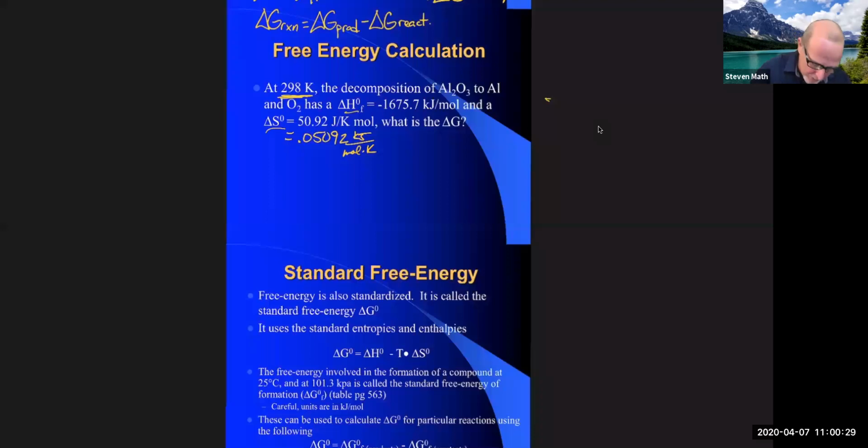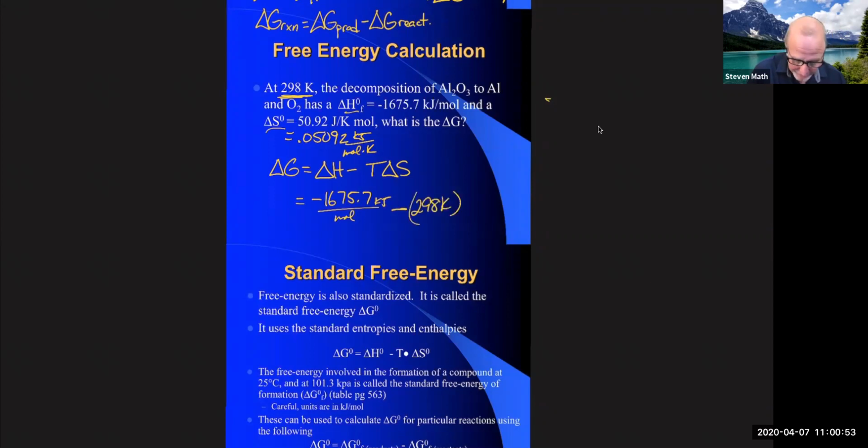Now we can do delta G is equal to delta H minus T delta S. H is negative 1675.7 kilojoules per mole, minus T, 298 Kelvin.